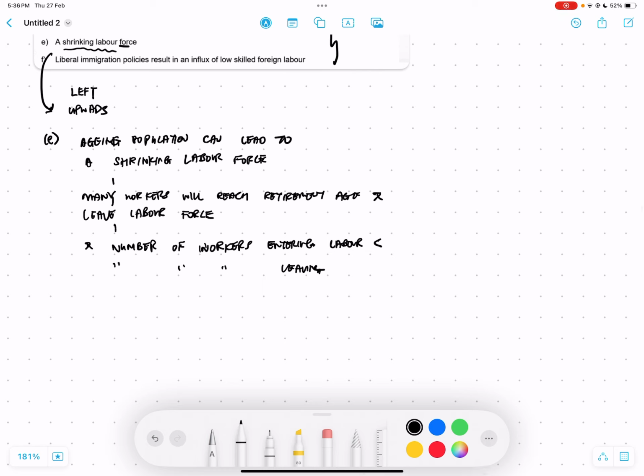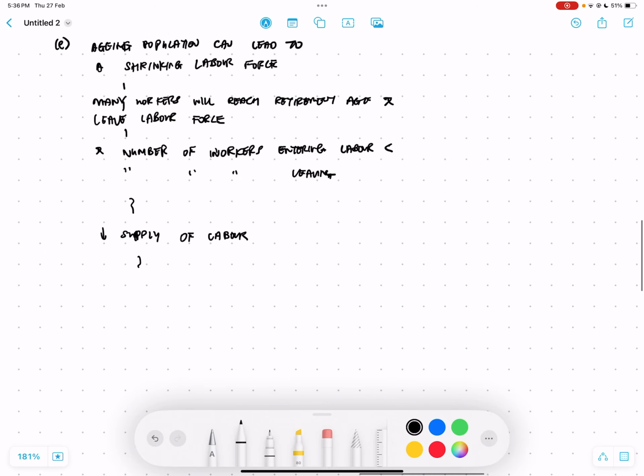Okay, so two things happen as a result. One is that you have a decrease in the supply of labor, and the quantity of labor as a factor of production.